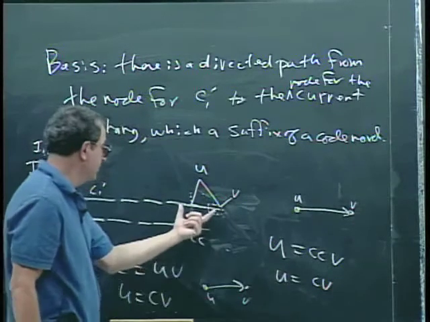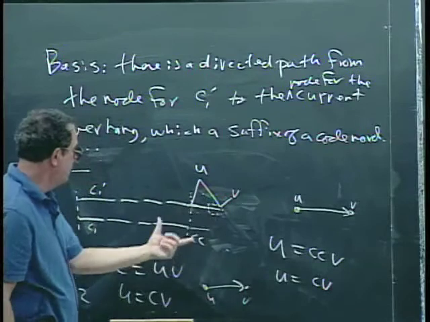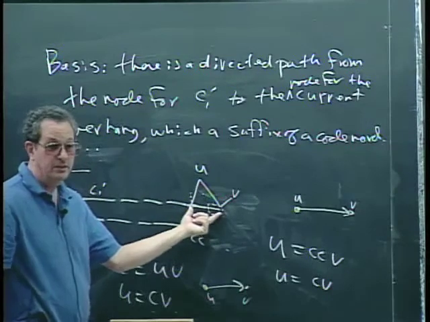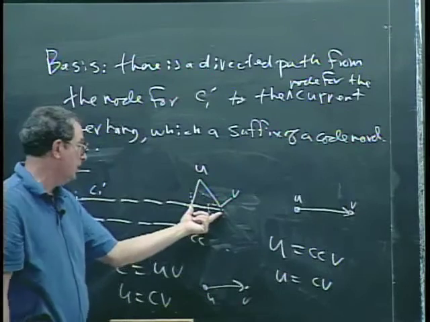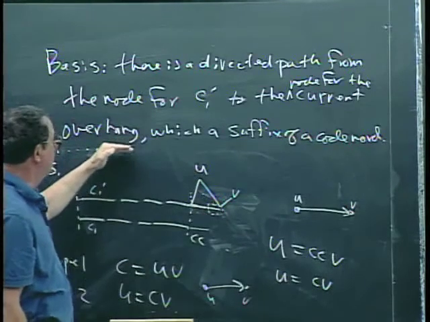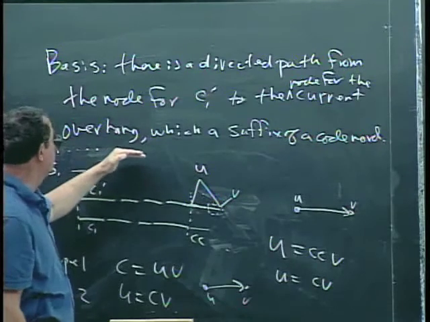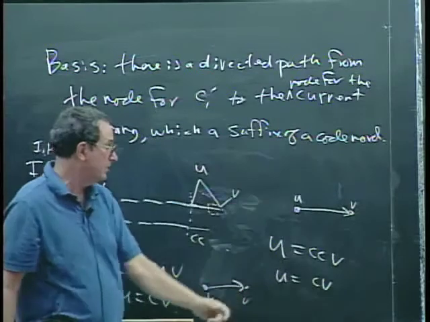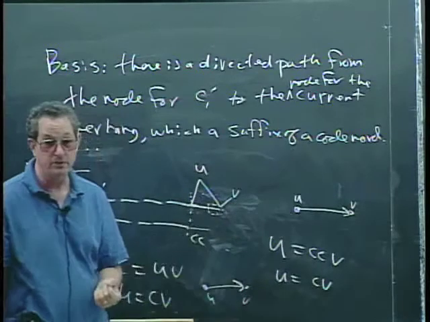Well, this is the overhang. U was the overhang just before you put in the new code word, and inductively we're carrying along this inductive hypothesis that the overhang is in fact a suffix of a code word. So U is a suffix of a code word.